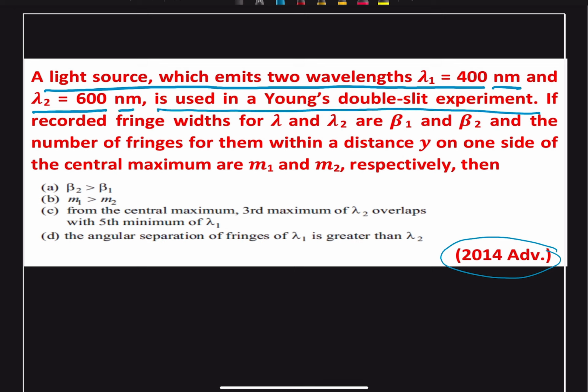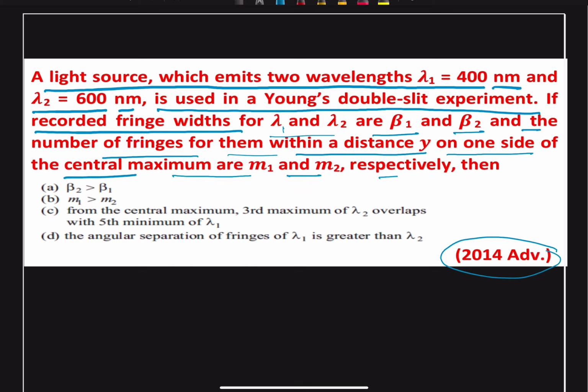If the recorded fringe widths for lambda 1 and lambda 2 are beta 1 and beta 2, and the number of fringes for them within a distance y on one side of the central maxima are m1 and m2 respectively, then we have to find the relationship between beta 1, beta 2, m1, m2, and the angular separation, along with how the third maxima for lambda 2 overlaps with the fifth minima of lambda 1.